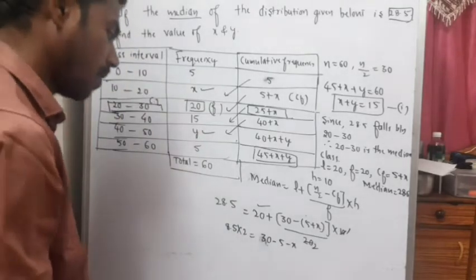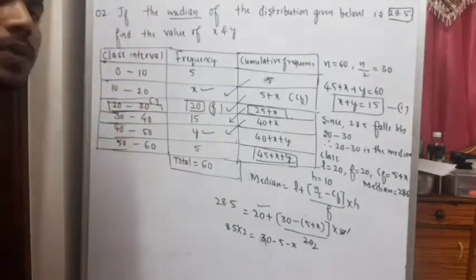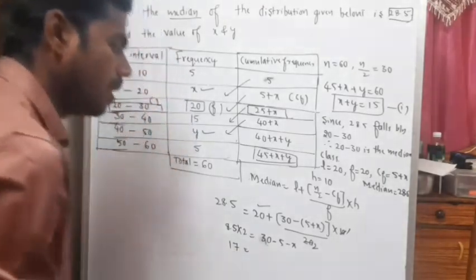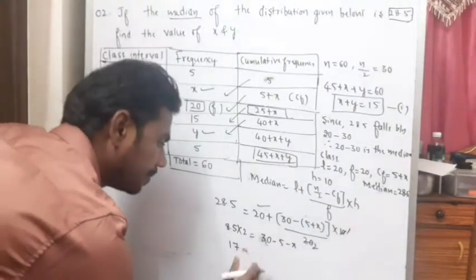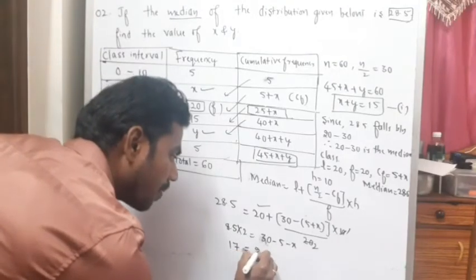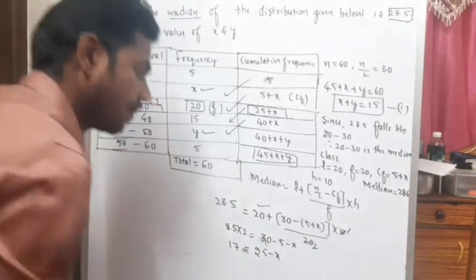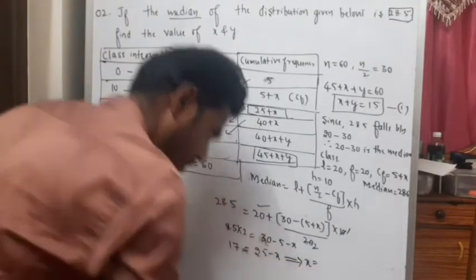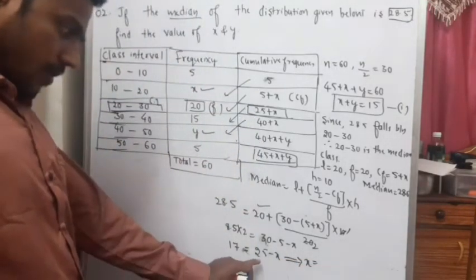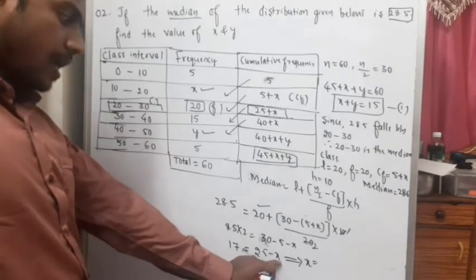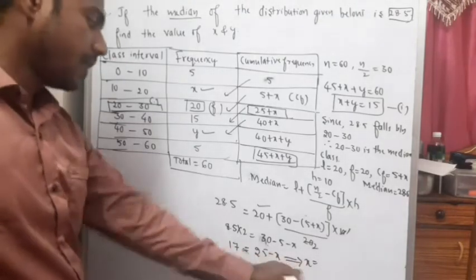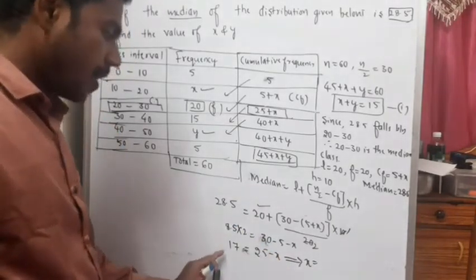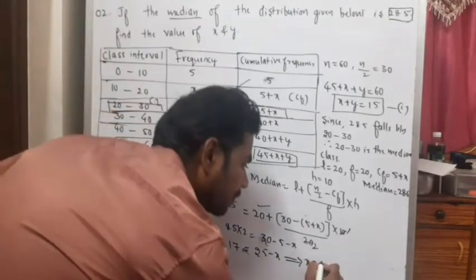Okay. 8.5 into 2 is nothing but 17, is equal to 30 minus 5, which is nothing but 25 minus x. Or else x, if I transfer to the left hand side, it will become positive x. 17 I need to transfer to the right hand side. That is 25 minus 17.